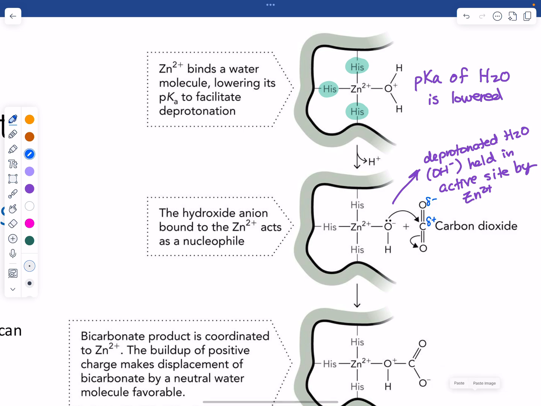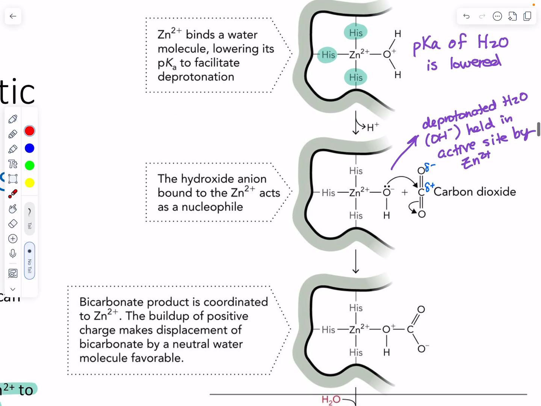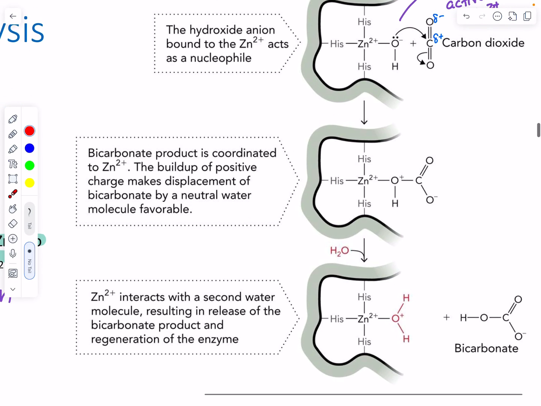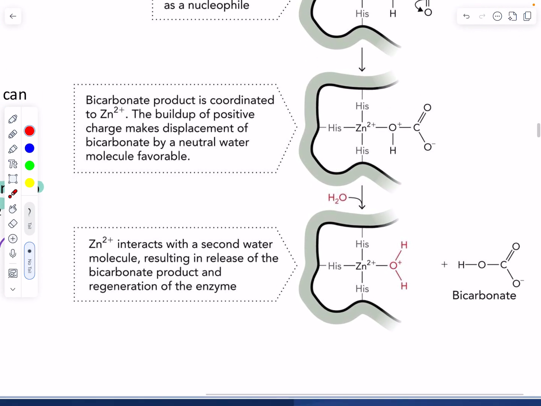Okay, so that is going to make the carbon in the carbon dioxide an even better electrophile or a site for a nucleophilic attack. Okay, so now we get the nucleophilic attack on the carbon, right? And so that leaves us with this bicarbonate product, but it's still coordinated to the zinc.